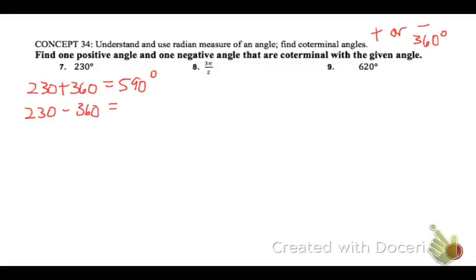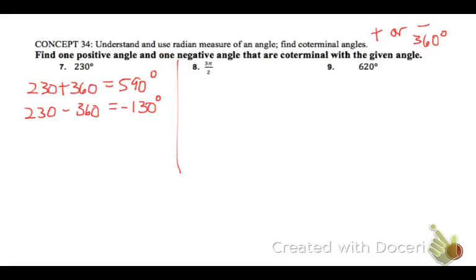So 230 minus 360 will give us, try that again, negative 130 degrees.